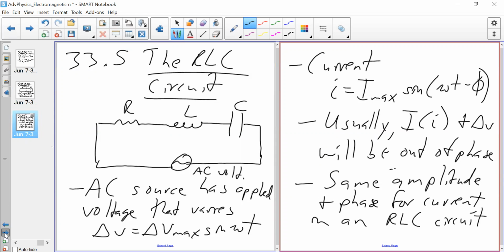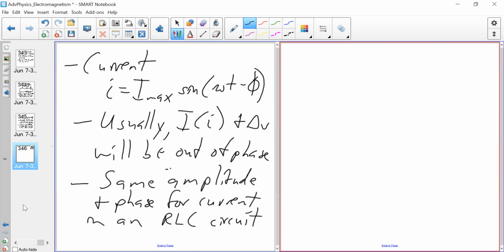So our job is now to determine what the phase shifts are for all those elements, as well as the maximum current. What is the maximum current in this RLC?